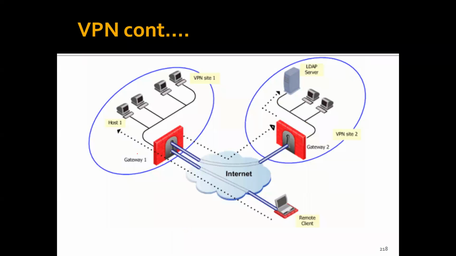You can say this is a VPN tunnel, to connect to the gateway, LDAP server, open source server, right? The VPN site, the gateway, and the remote client. Remote users, I think, are at home, right? Like industrial people and private sector people.